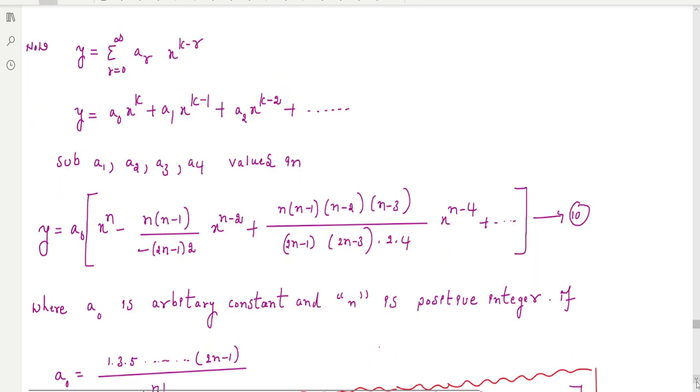So this is our assumption solution. If you expand this solution, you will get a0 x power k plus a1 x power k minus 1, suppose r is equal to 0 to infinity. You can expand up to some 6 or 7 terms. So substitute the a1, a2, a3, a4 values here.